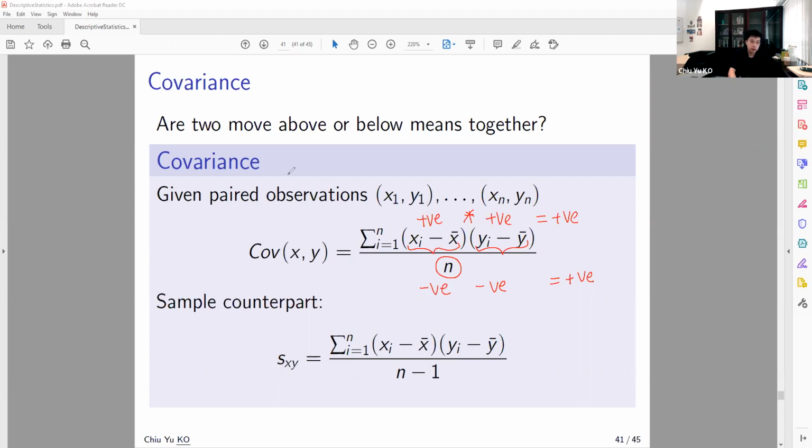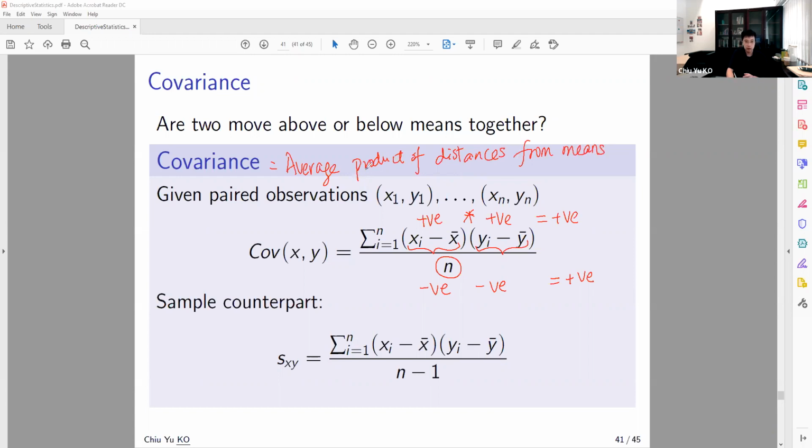If you want the terminology, it would be the average product of distance from the mean.